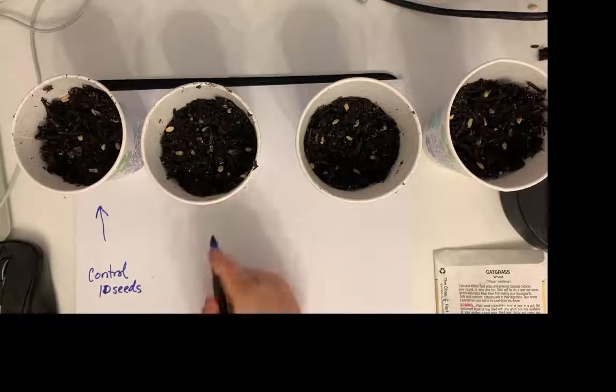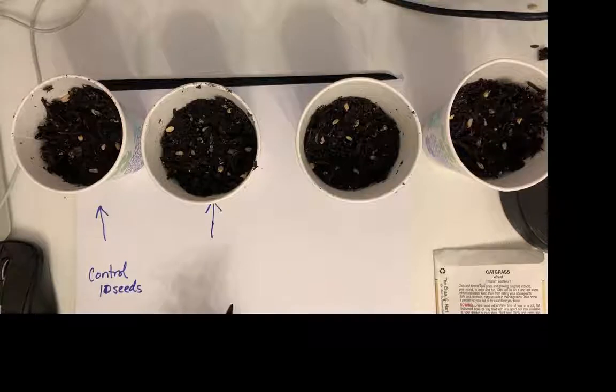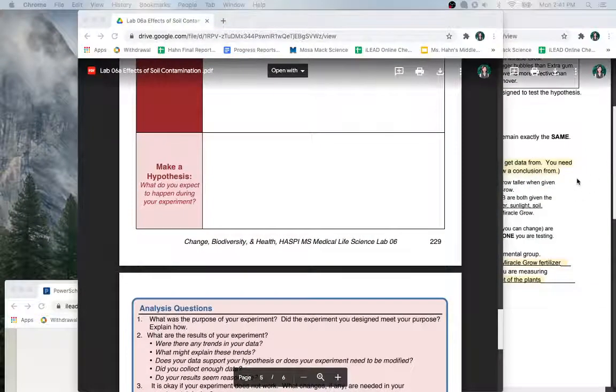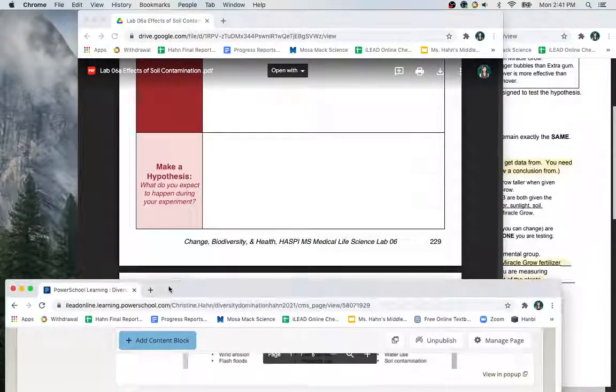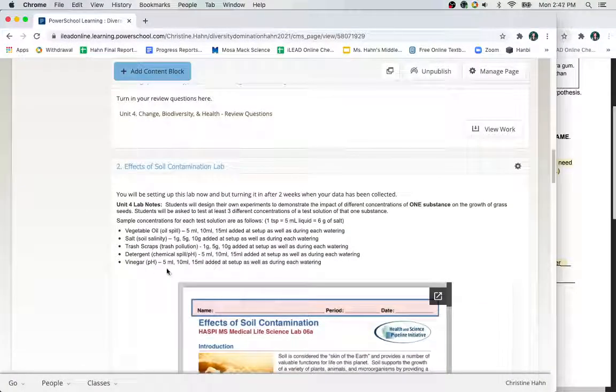Okay. This one, I'm going to pretend that I'm doing the vinegar one to simulate acid rain. Now if you look at our Power School notes, if I'm doing vinegar, then one suggestion is to do 3 different concentrations: 5 milliliters of vinegar, 10 milliliters of vinegar, and 15 milliliters, as well as whatever water you're adding.